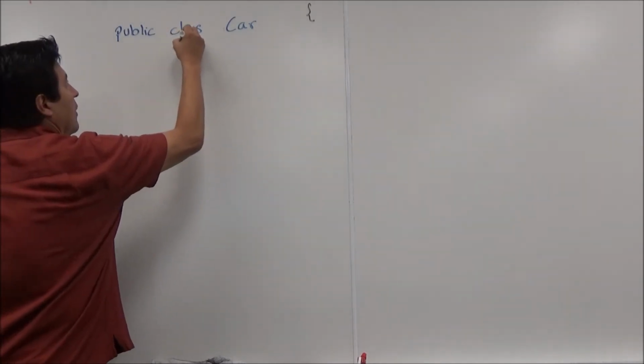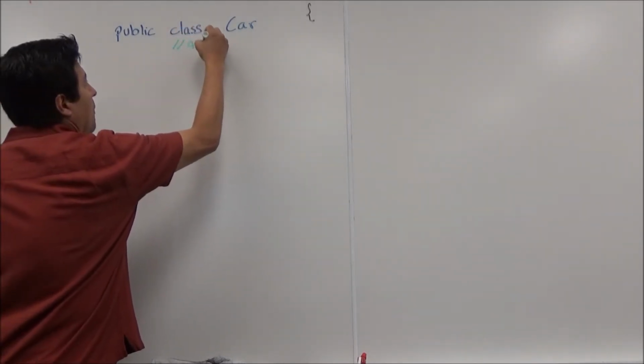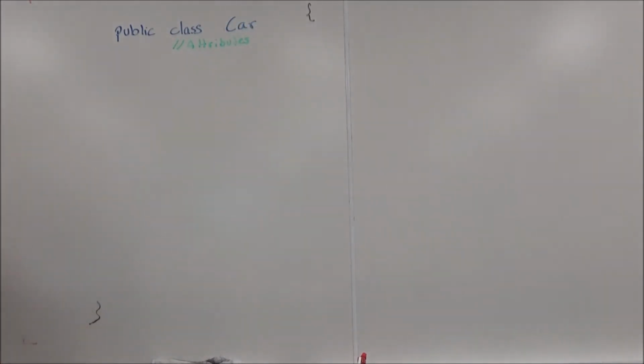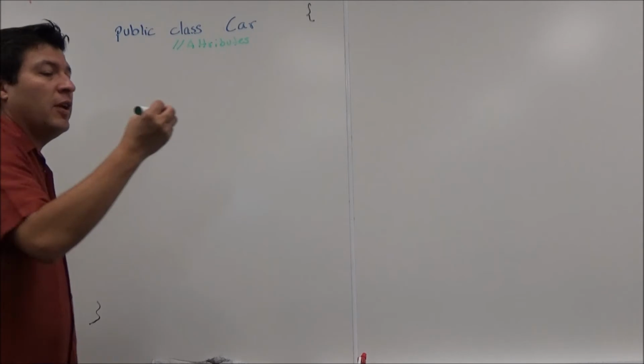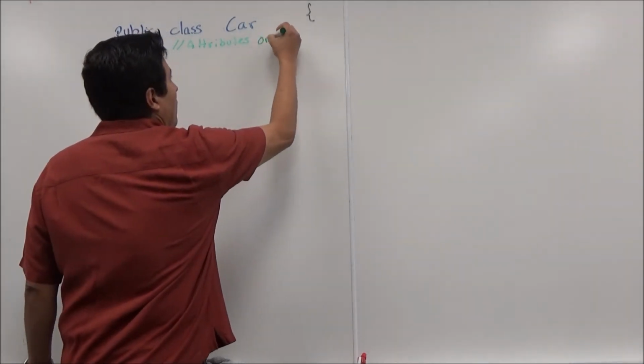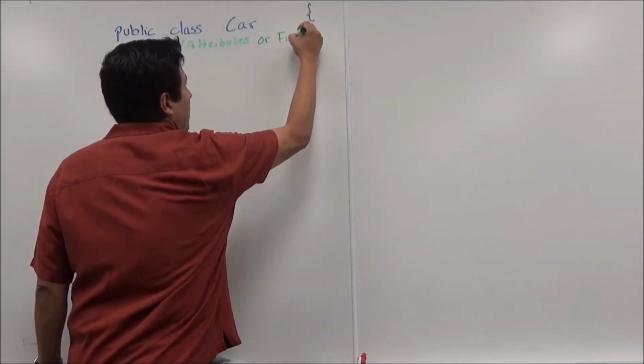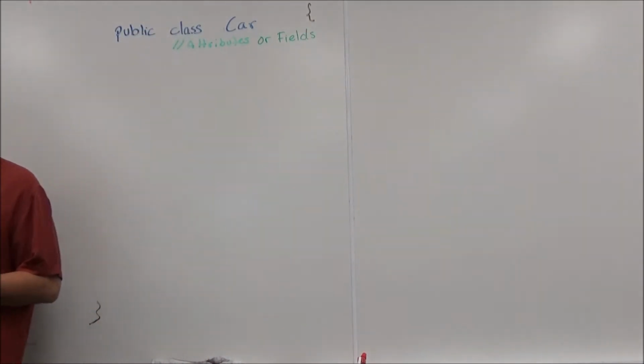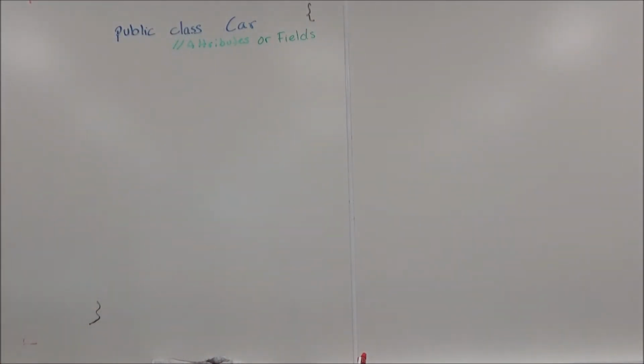And I'm going to think of a list of attributes of that car. Well, the word attributes, we're going to change the name. We're going to use this instead. We're going to call it fields. They're the same thing. Okay?